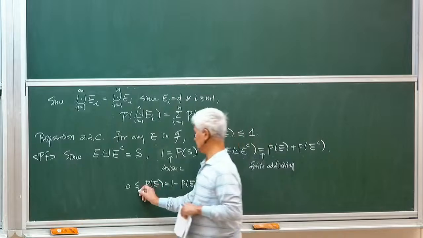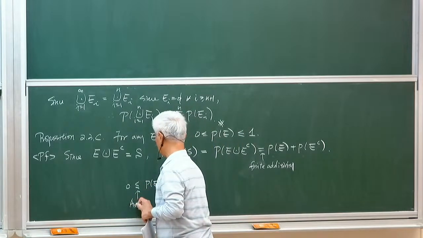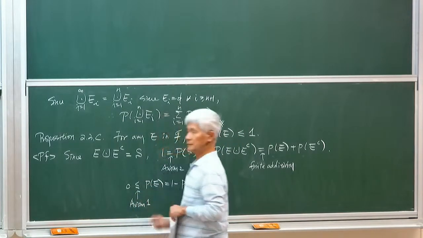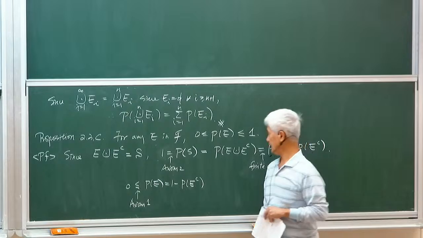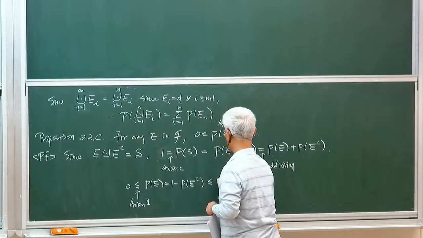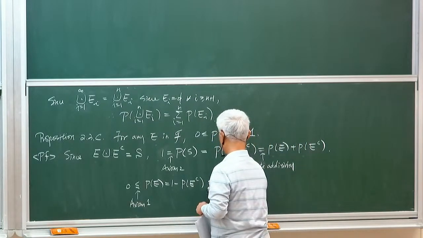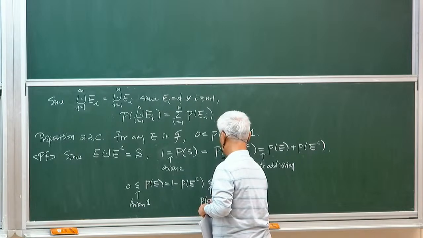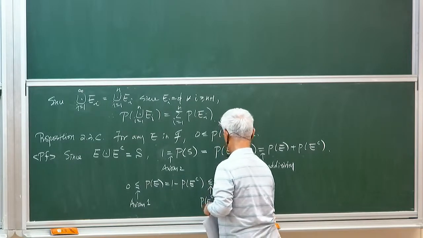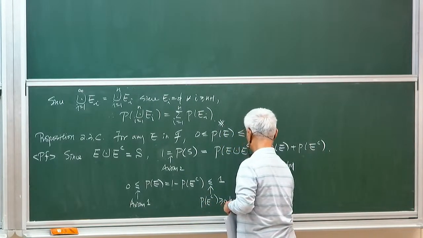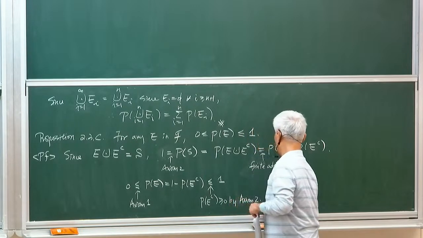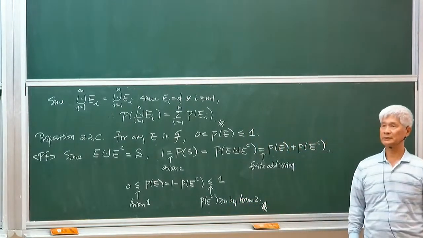Now, this is from axiom number 1. And this is less than or equal to 1, since P of E complement is greater than or equal to 0 by axiom number 1. And this is the end of proof.